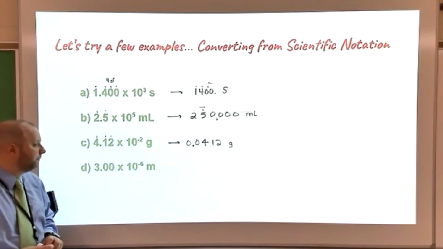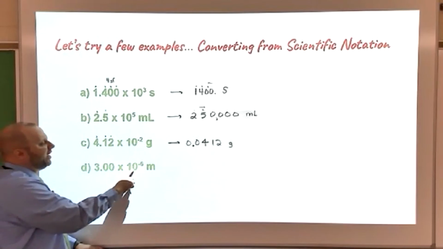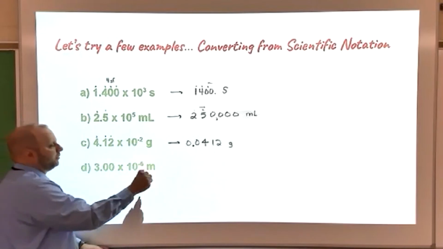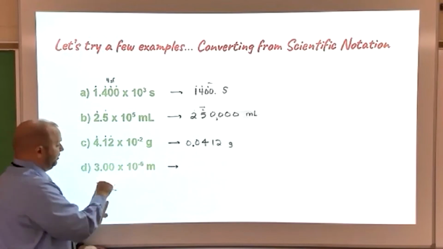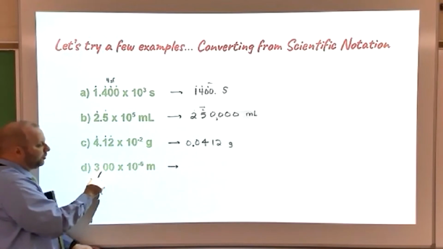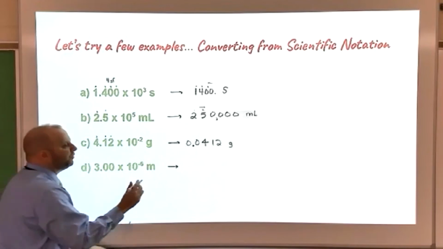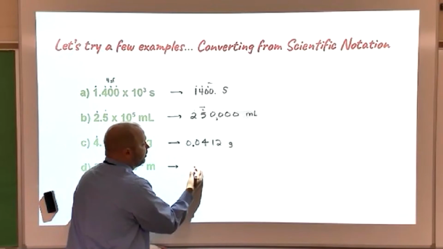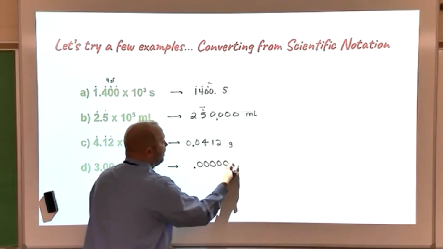Finally, in letter D, we have 3.00 times 10 to the negative 6th. So we're going to move it so that we have a decimal. We're going to move that decimal to the left side. So I'm going to move it once past the 3, and then I need 5 zeros after that. So here's the decimal place, 1, 2, 3, 4, 5.